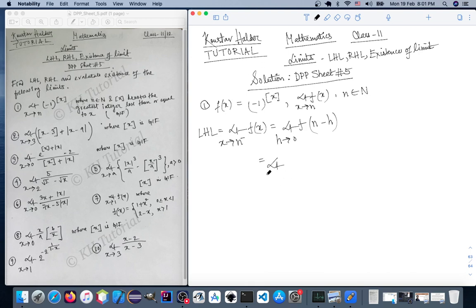This equals limit h tends to 0 of -1 to the power box of (n minus h). Now h is a positive quantity, very small, greater than 0.